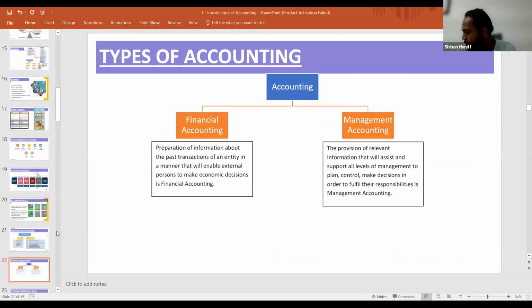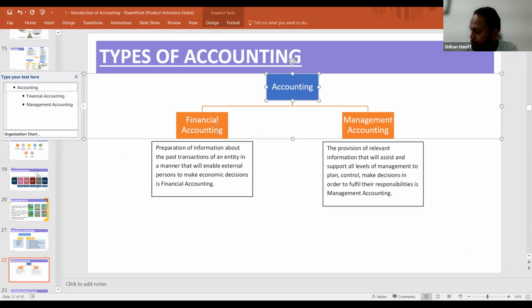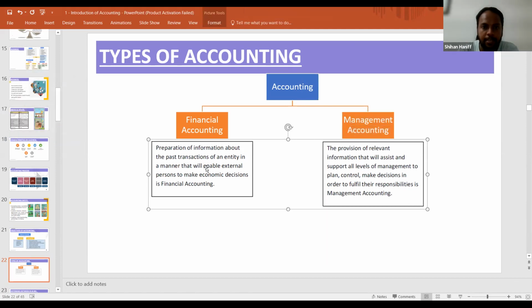Then another part where you get questions is from the types of accounting. So overall, accounting can be divided into two parts: financial accounting and management accounting. Financial accounting is basically in our syllabus, grade 12 syllabus entirely about financial accounting, and grade 13 LKS up to ratio analysis.